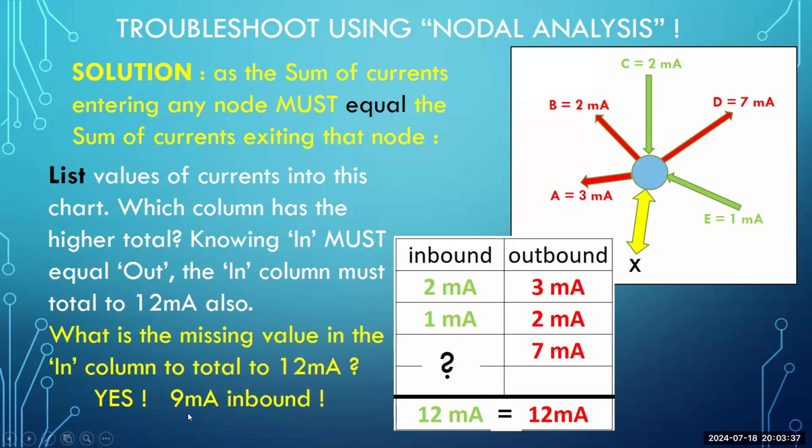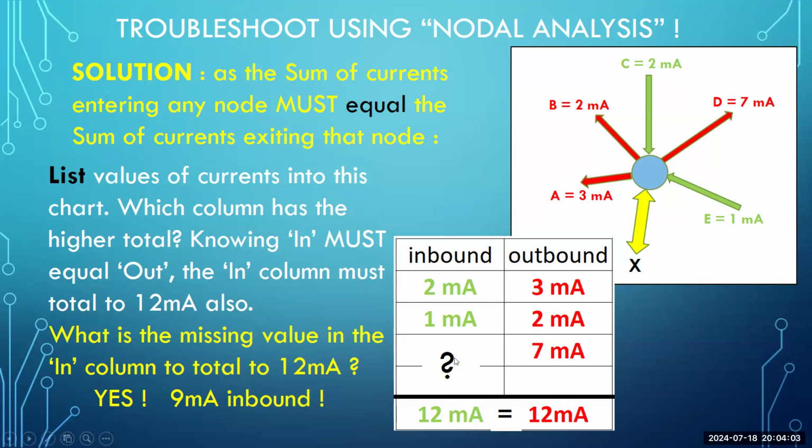So the missing value in the in column to total 12 milliamps, yes, you guessed it. It must be 9 milliamps. 9 milliamps must be here in this column to add with the 1 milliamp and the 2 milliamps inbound in order to give you a full 12 milliamps of inbound current to balance the 12 milliamps of outbound current, because these two sides in and out through any node must, absolutely must be equal.